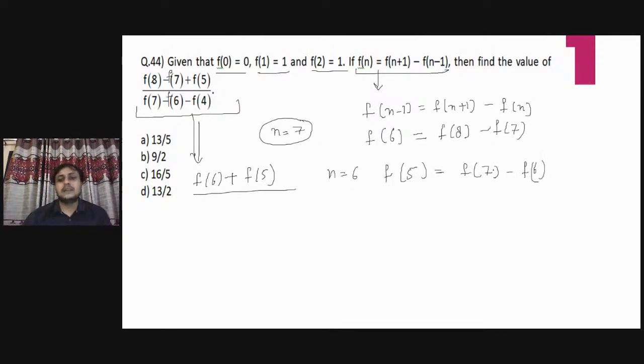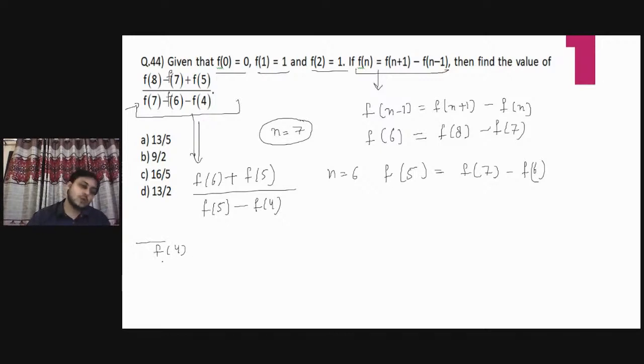So f7 minus f6 is f5. Here, what will we get? f7 minus f6 is f5, so it becomes f5 minus f4. Now you need to solve for f4.